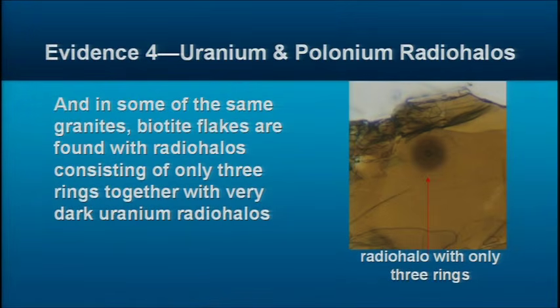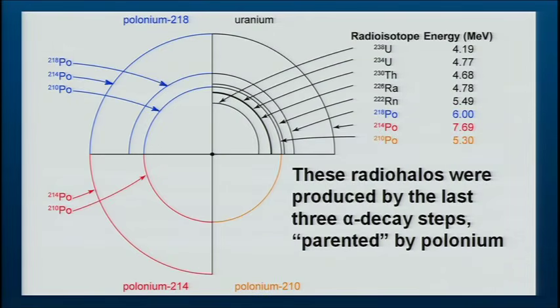What does this mean? This is different to the 8-ring uranium radiohalos. Well, interestingly, these rings match the last 3 isotopes in that decay chain. It's all the same element, an element called polonium, discovered by Marie Curie and named after a homeland of Poland. It's a rare metal. And there's 3 isotopes in the decay chain of uranium, 218, 214, and 210.